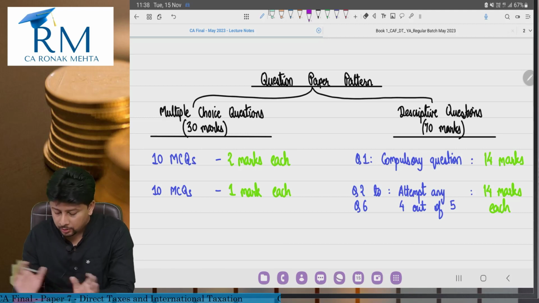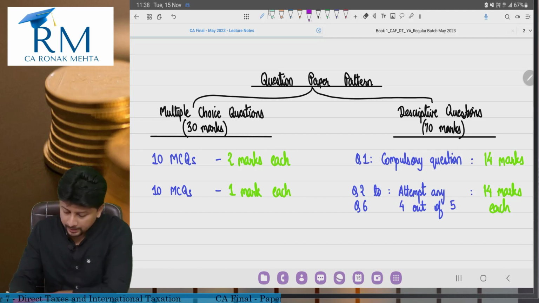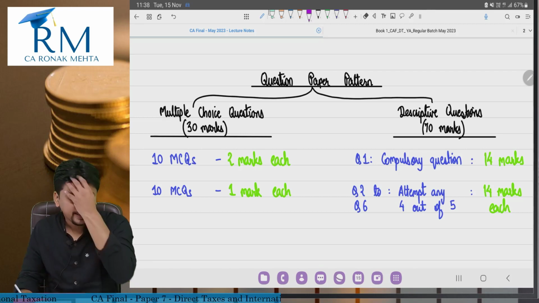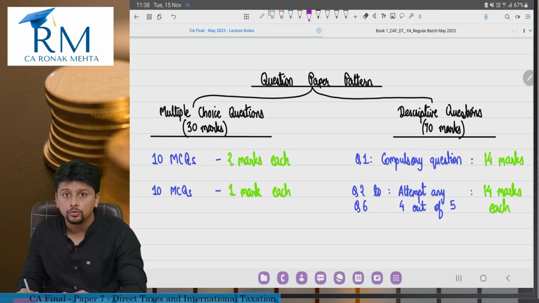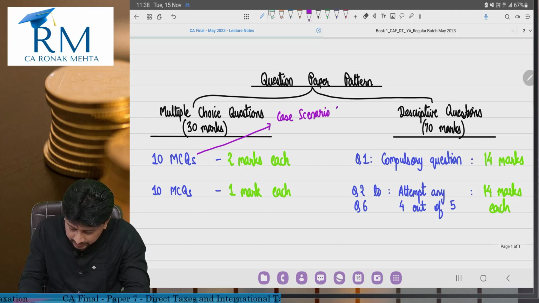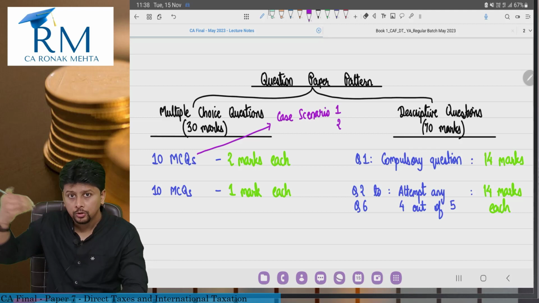You have 30 marks of MCQs where the allocation is that you get 10 MCQs of 2 marks each. These 10 MCQs are case scenario MCQs. You will be given a case study. 2 case studies will be given.